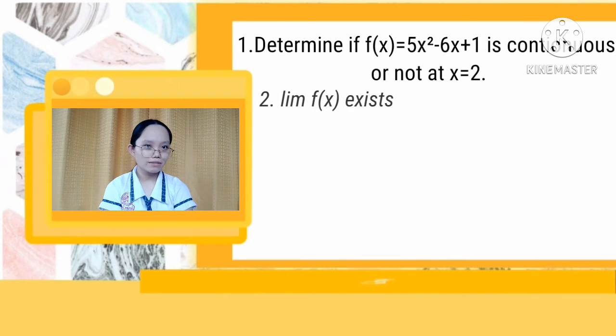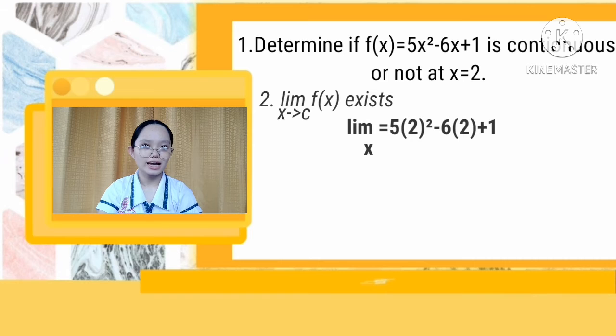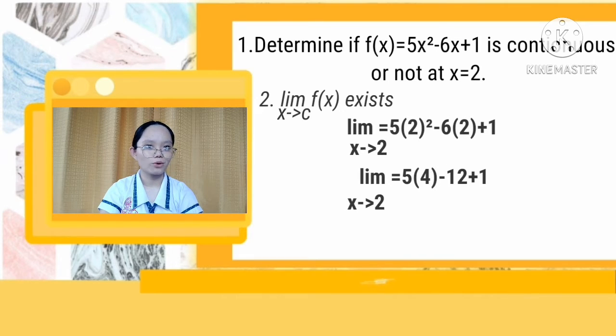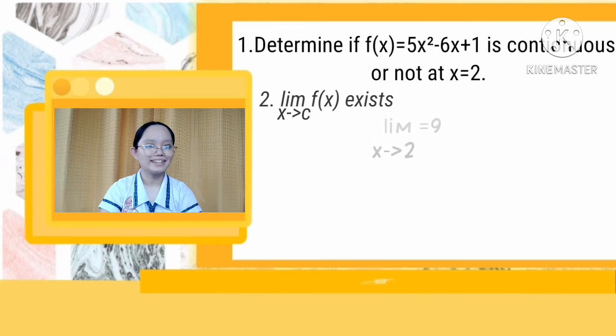Second condition, the limit of f of x as x approaches c must exist. In finding the limit of f of x, substitute 2 where the x approaches and simplify the function. The limit of f of x as x approaches 2 is equal to 5 times 2 squared minus 6 times 2 plus 1, equal to 5 times 4 minus 12 plus 1, equal to 20 minus 12 is 8 plus 1, 9.